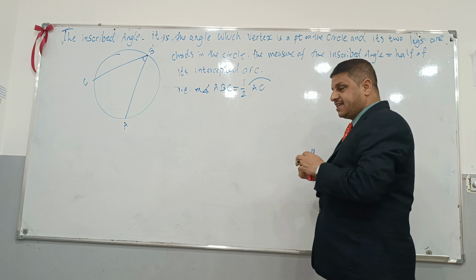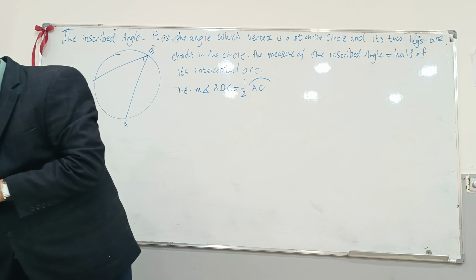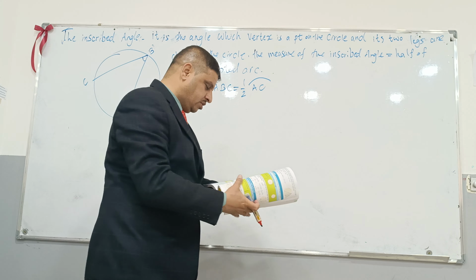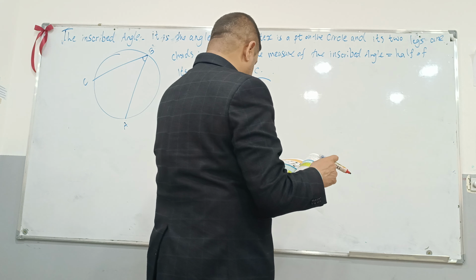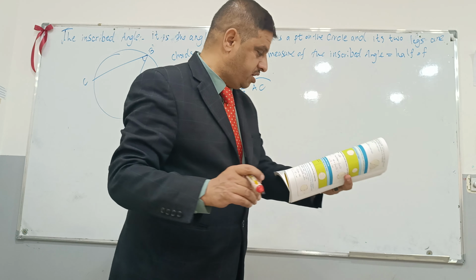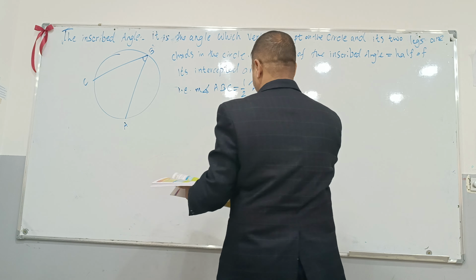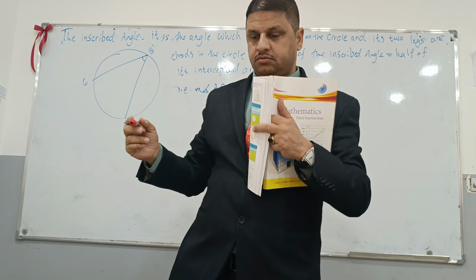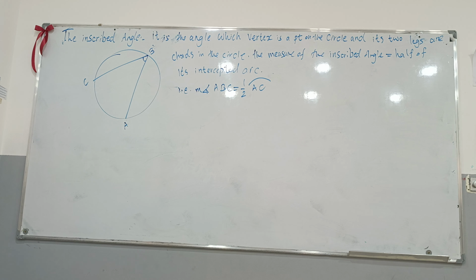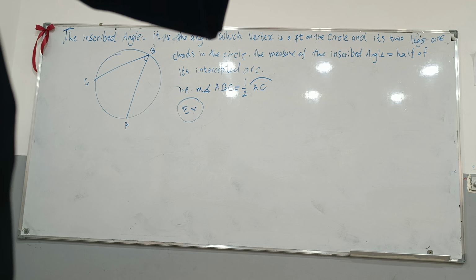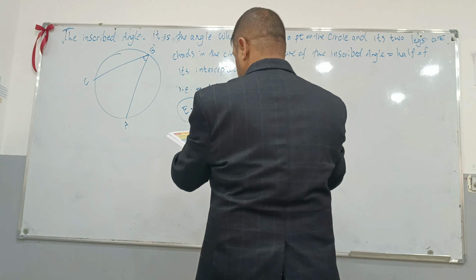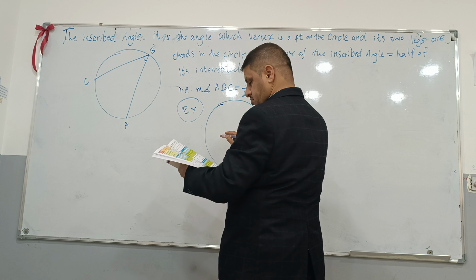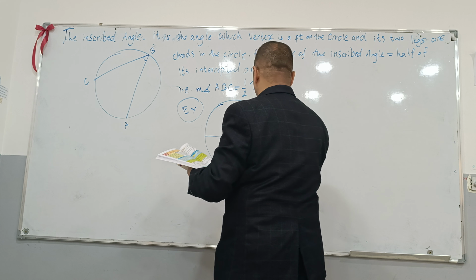Okay? Now, let's take an example. He has given me this circle. He has drawn this circle, and this is a diameter.